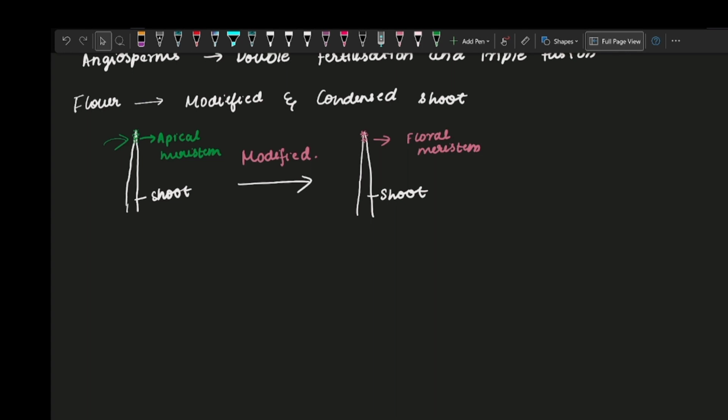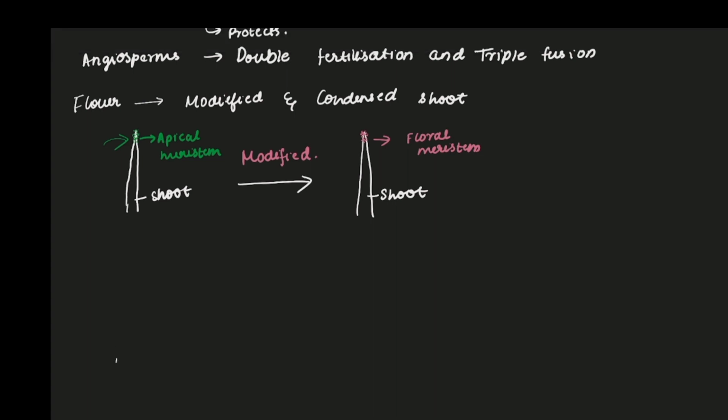And why do we call it condensed? Let's see. If this is a shoot, you know that a typical shoot or a stem has nodes and internodes. So here we have a node, here we have another node, and another. Let me just draw this and then fill it in.